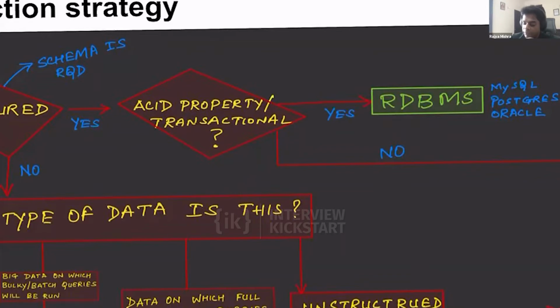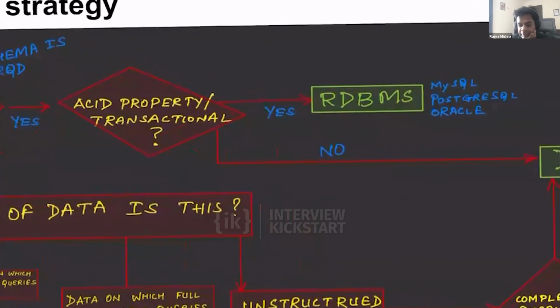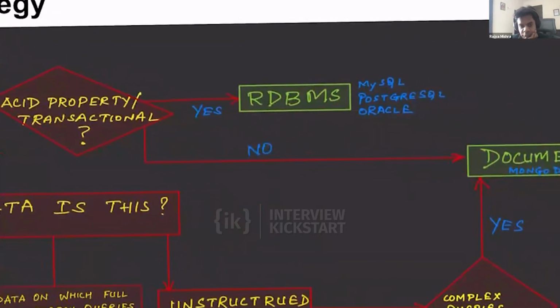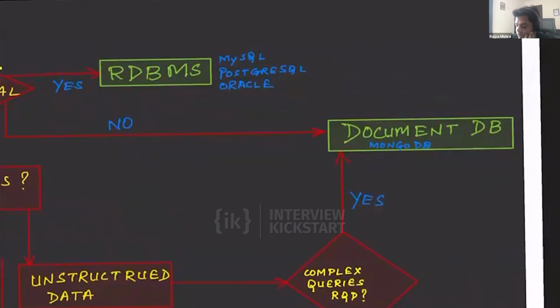In that case, you do not need transactions because not many sellers are going to update the same product in the database. They all have their different products. So in that case, a document oriented database like MongoDB could be a good choice. Right?